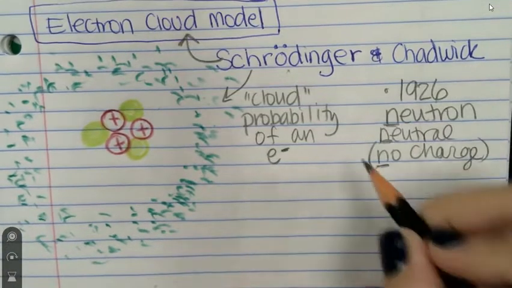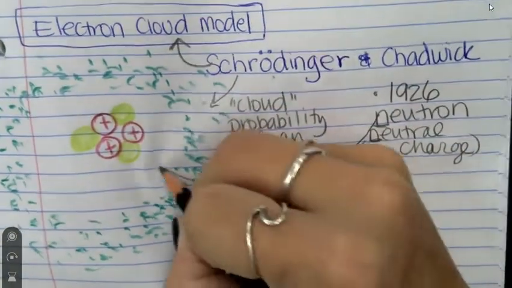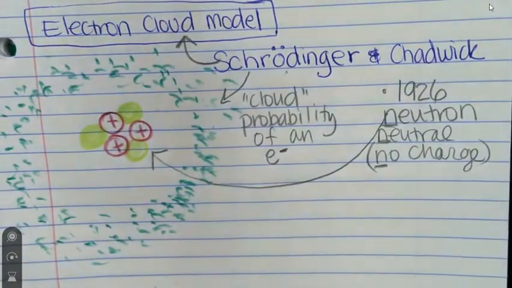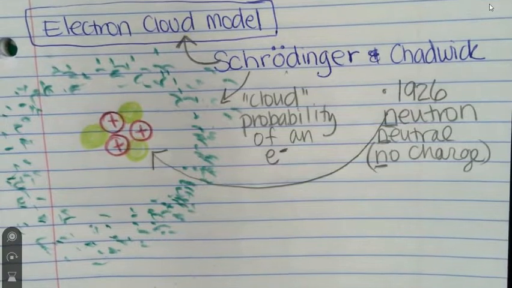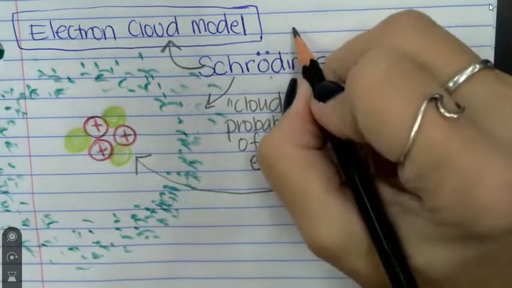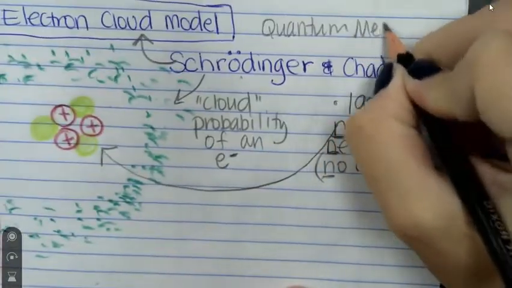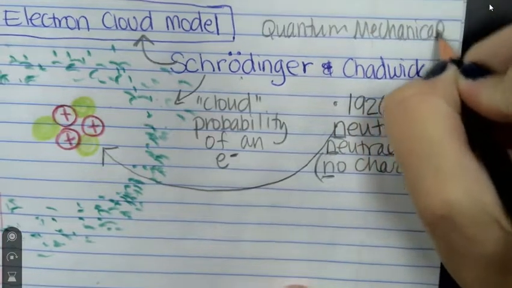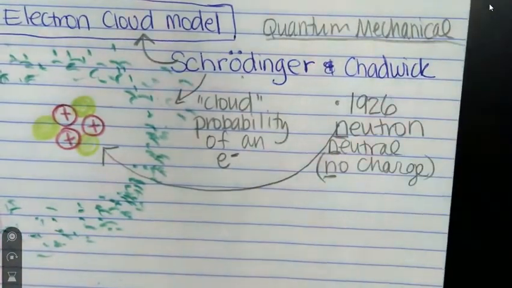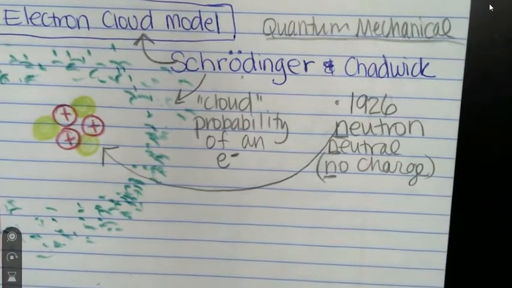And then Chadwick over here, the neutron, that's in the nucleus. So I'll draw an arrow there. We're going to combine those. The real name for that is the quantum mechanical model. Quantum mechanical. If you've ever heard of quantum mechanics, that's the beginning of it.